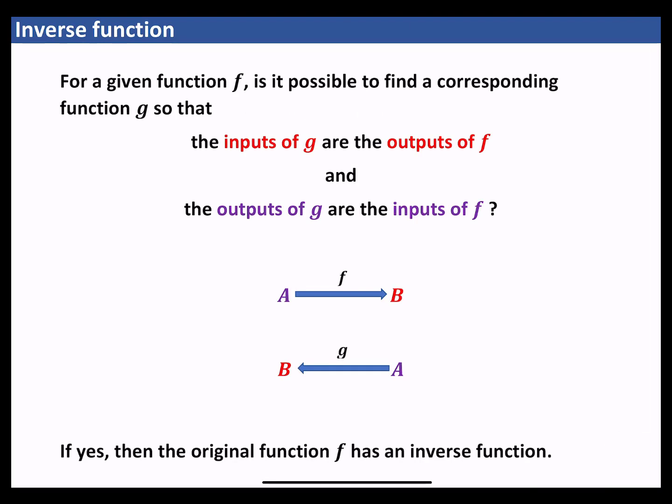That is, for a given function f, is it possible to find a corresponding function g so that the inputs of g are the outputs of f and the outputs of g are the inputs of f? In the situation where the answer to these questions is yes, we say that the original function f has an inverse function.